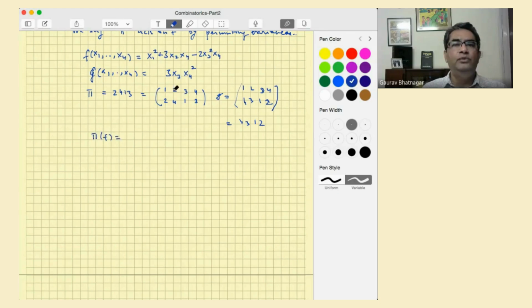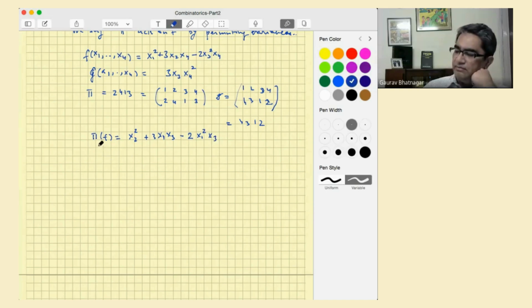So x1 squared goes to x2 squared plus 3, x2 will go to x4, and x4 will go to x3 minus 2, x3 will go to x1, and x4 will go to x3, right? And what do you expect pi of f plus g to be?